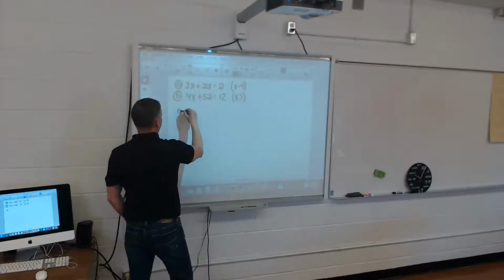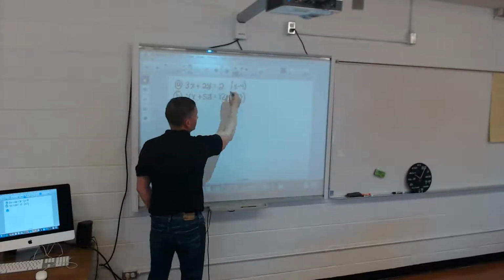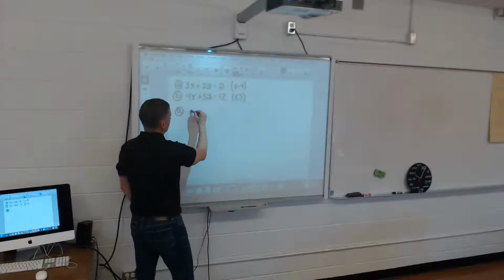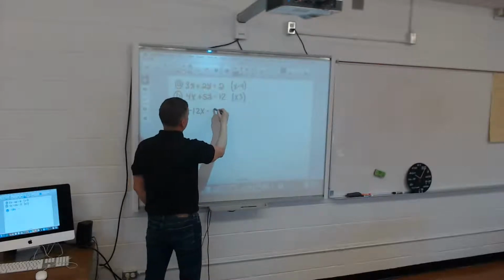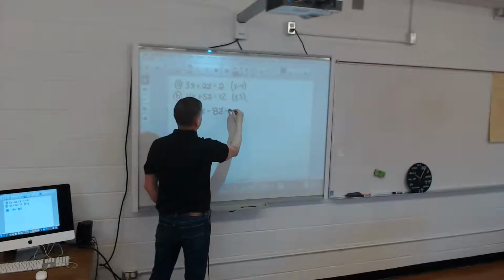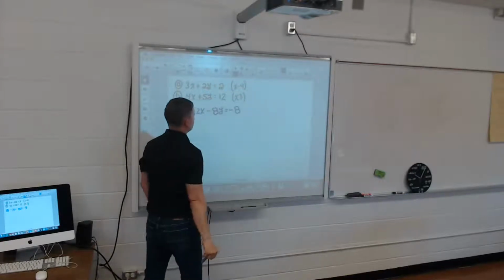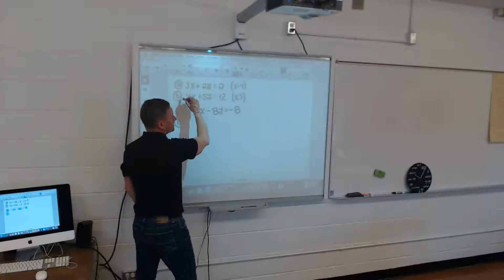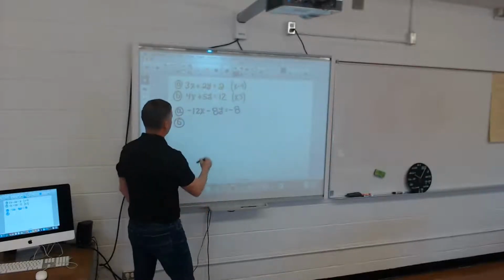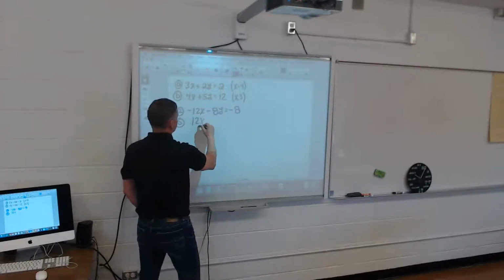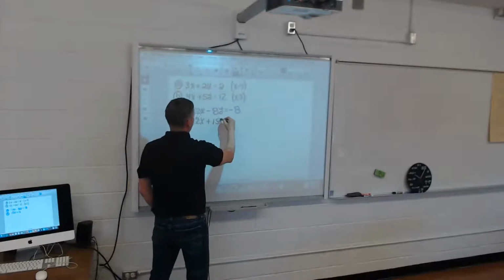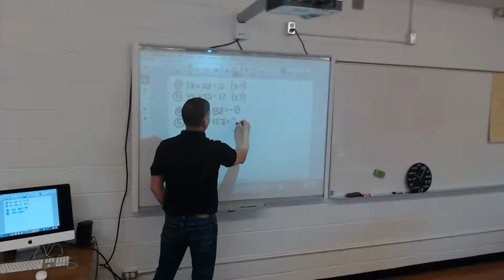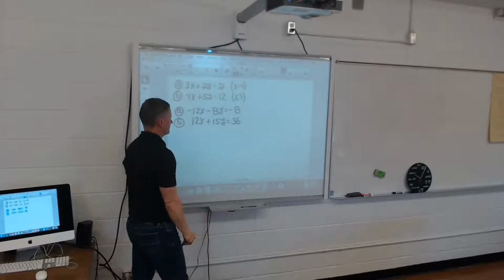In equation A, I times everything by -4. I get negative 12x, negative 8y, and negative 8. Now in the B part, I'm going to multiply everything by 3. That's going to give me 12x plus 15y equals 36.